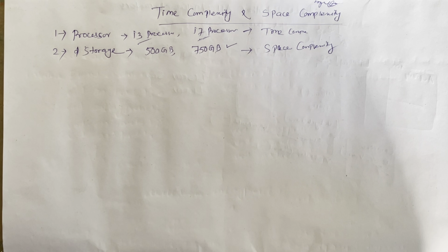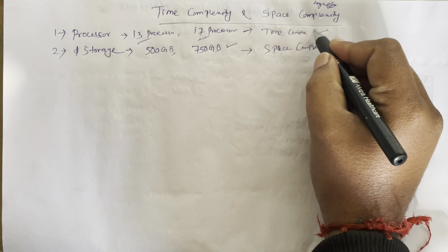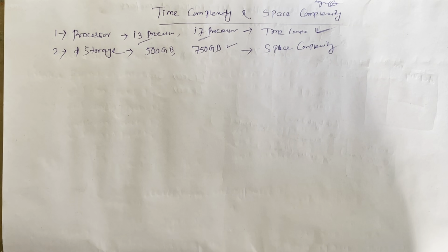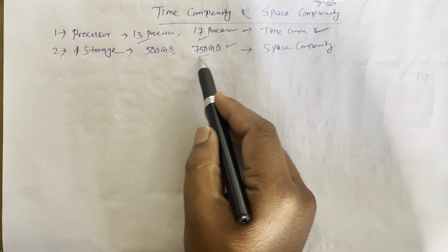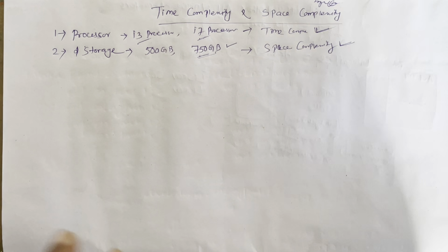When we are saying that it will take more time or less time, here an important factor came: time complexity. And when we are saying that we can store more files if we have more storage, that is relevant to space complexity.